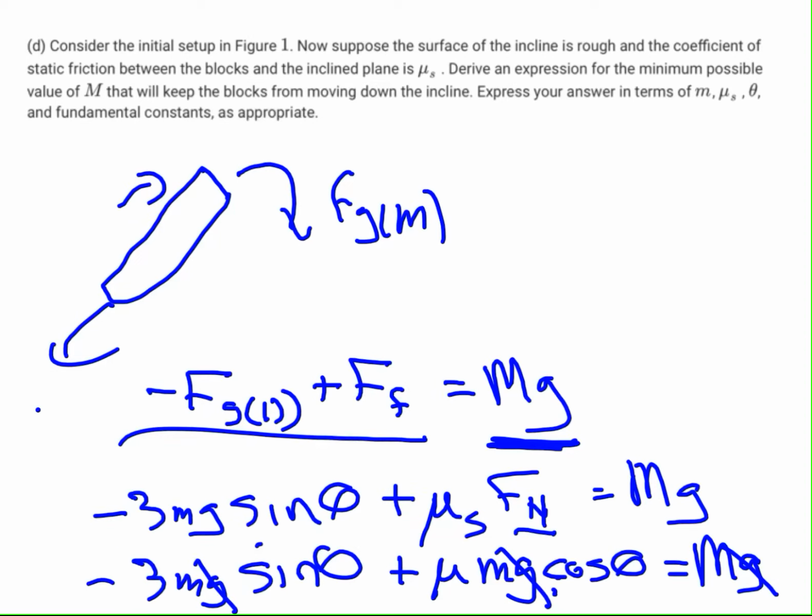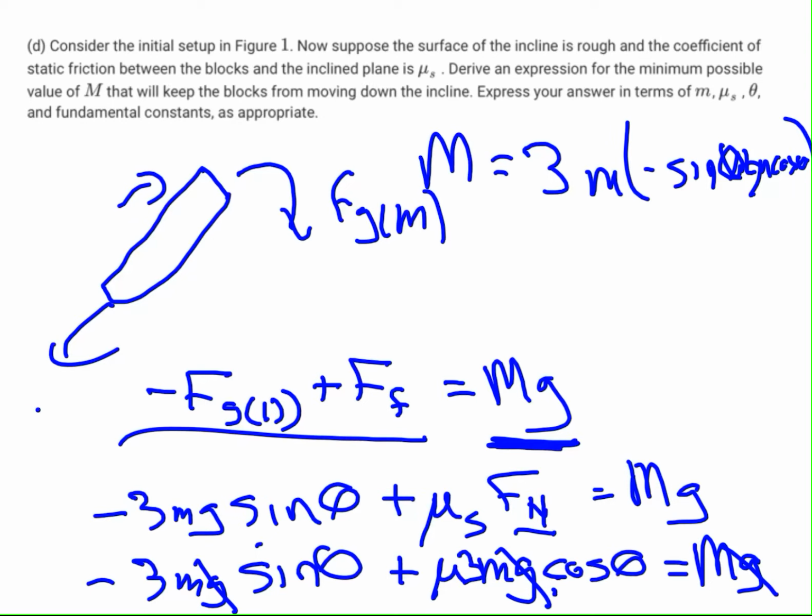If you really want to, you can factor something out. You can factor out the m. Oh, sorry, there's a 3 in here. So you can factor out the 3m and leave this as minus sine theta plus mu cos theta equals big M.